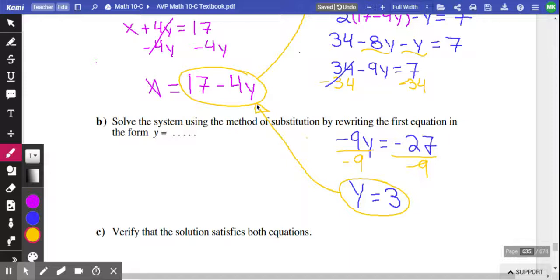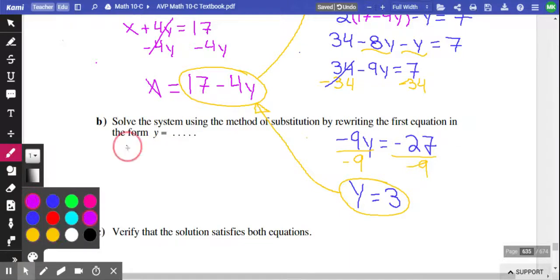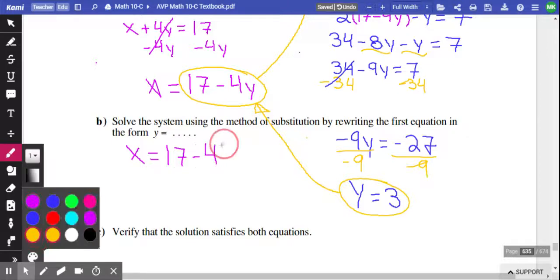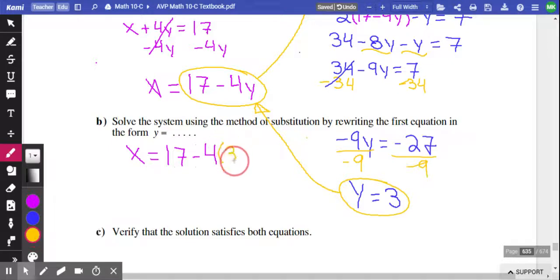When I substitute 3 back into this equation, I now have x equals 17 minus 4, and instead of y, I have 3. To figure what the x-coordinate is, you calculate this.